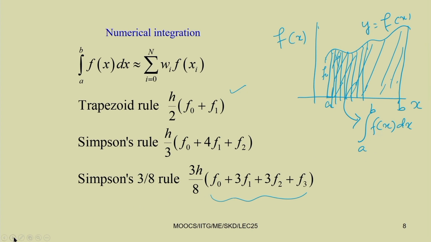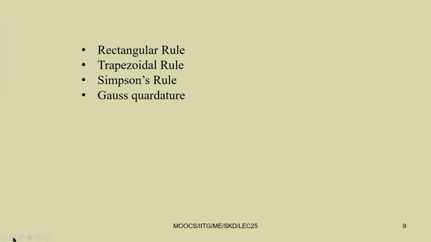There are several other methods like this, such as the Gauss quadrature method, the rectangular rule, the trapezoidal rule, Simpson's rule, and Gauss quadrature. All these methods you can use to find this integration. In MATLAB, you can use the int function to integrate a function symbolically.